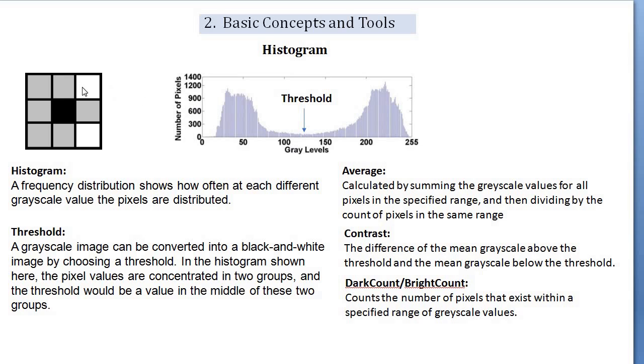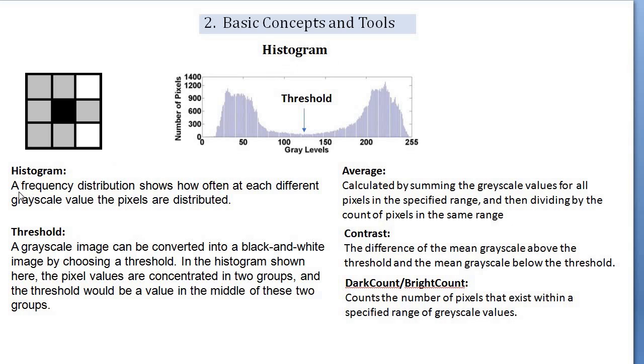We can now place each pixel into the corresponding bins. Once we have distributed all the pixels of the image, we can count the number of pixels in each bin, and then form a chart like this. This axis represents the number of pixels. So this forms a chart of a histogram.